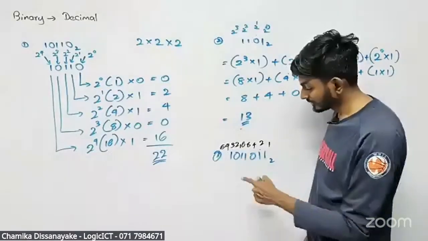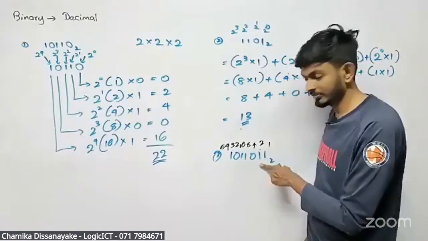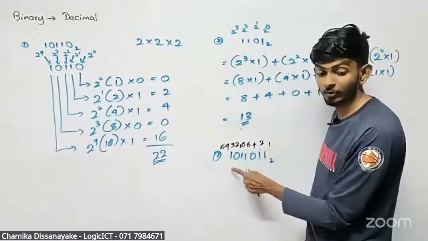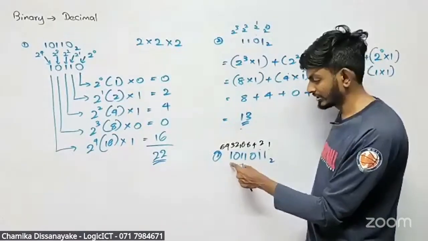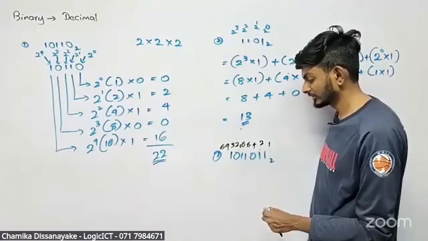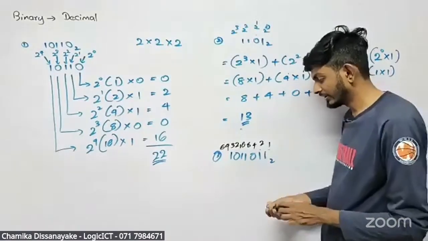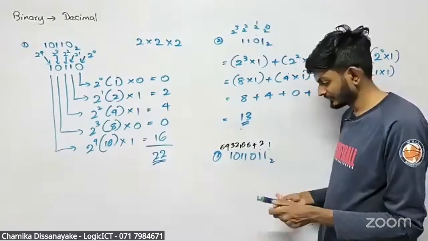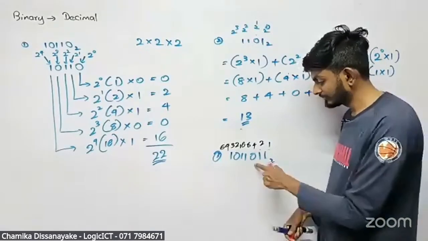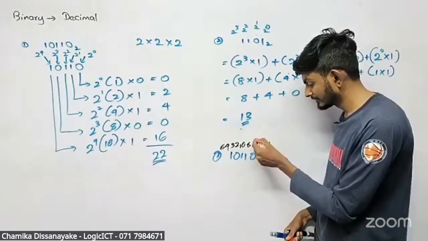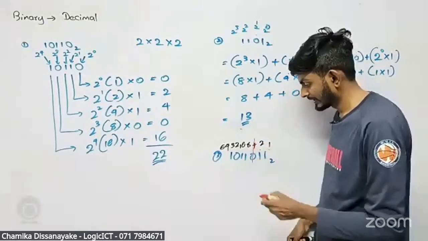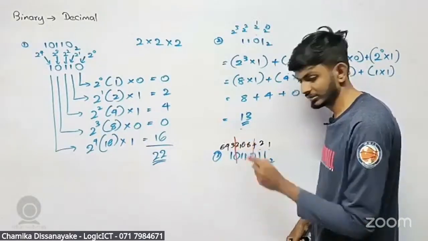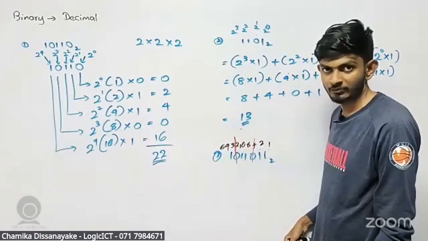When we are using binary numbers, guys, there are only two values, 1 or 0. So the values corresponding to the 0s can be rejected. Here the third one is 0, so we can just remove this one. And this one is also 0, so we can remove it. I mean 32, we can remove.